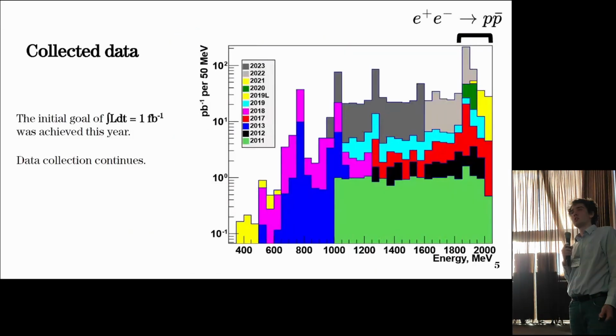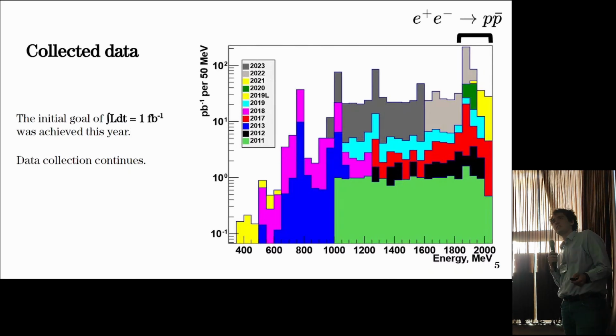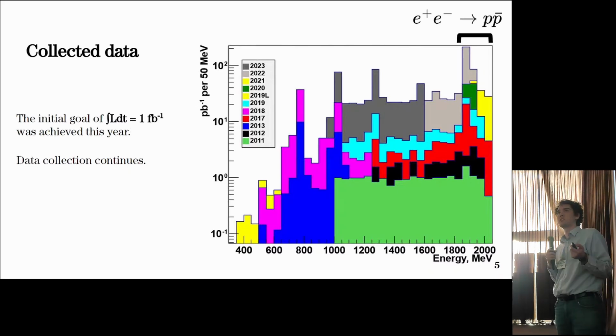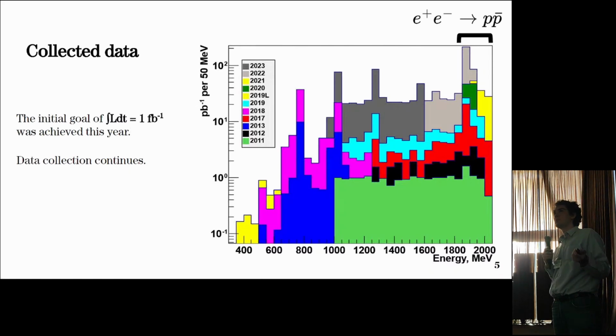So far, we have collected a lot of data at energies below 2 GeV in the center-of-mass system. Earlier this year, we obtained one inverse femtobarn of integrated luminosity. It was the initial goal of the experiment, so it's a big deal for us.